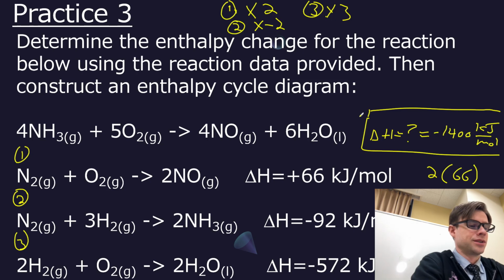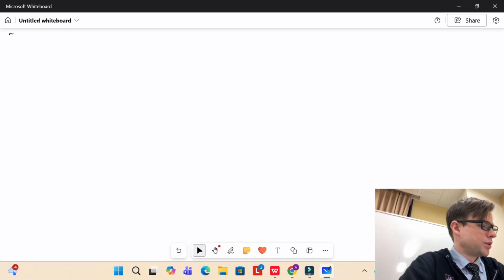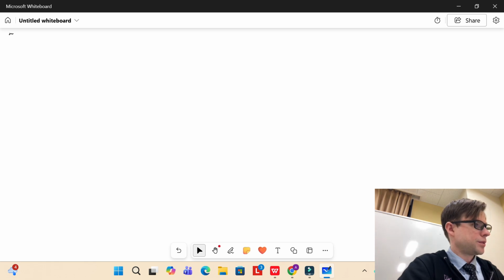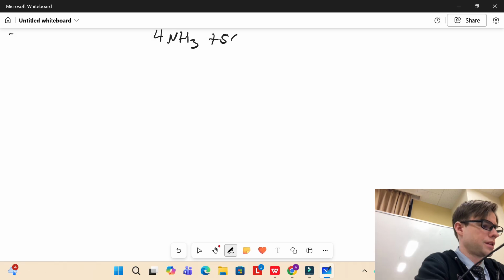I'm just going to exit this and go to a full whiteboard so I have a full space to work with. Okay, here we are on the whiteboard. So I want to remind you what our target equation was: 4NH3 plus 5O2 goes to 4NO plus 6H2O.